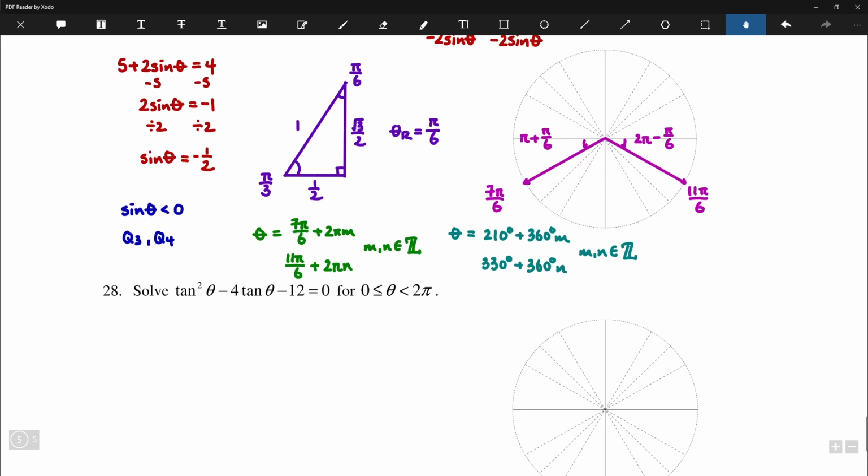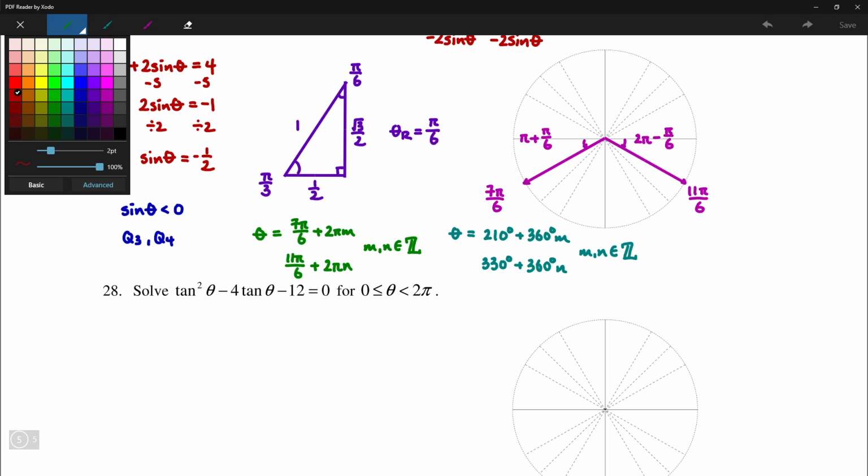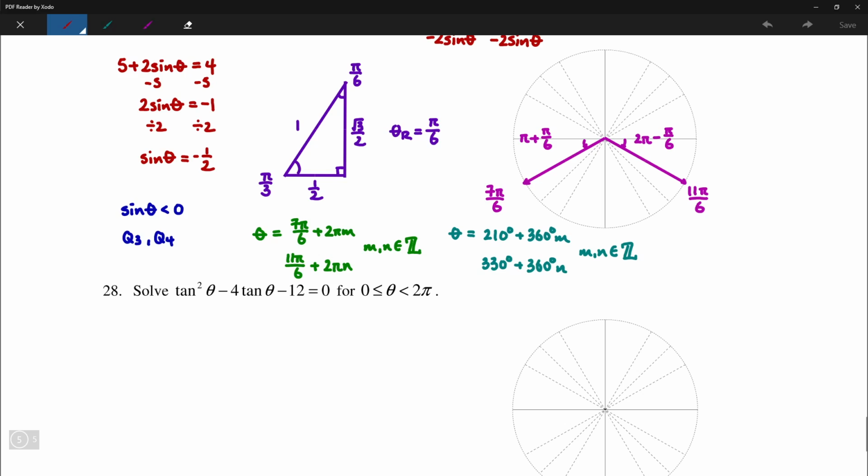So finally, we have a tangent question where the tangent theta is squared. So we can factor this as a quadratic. So here we have tangent theta minus 6 is one possibility, and then tangent theta plus 2 is the other binomial.